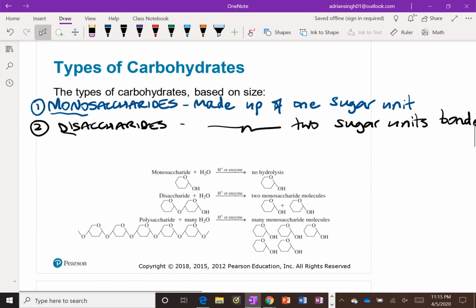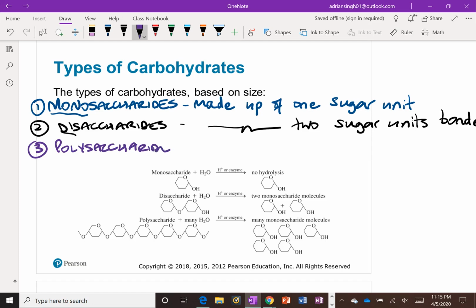And then we have the largest of our sugars, which are called polysaccharides.